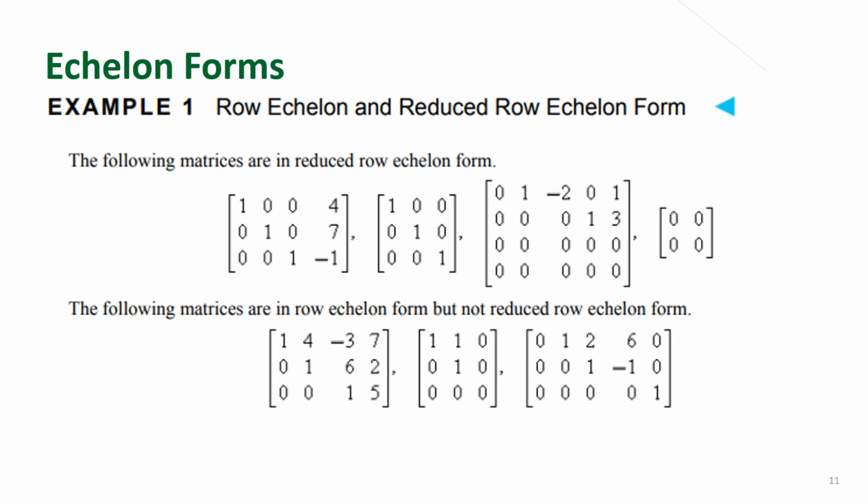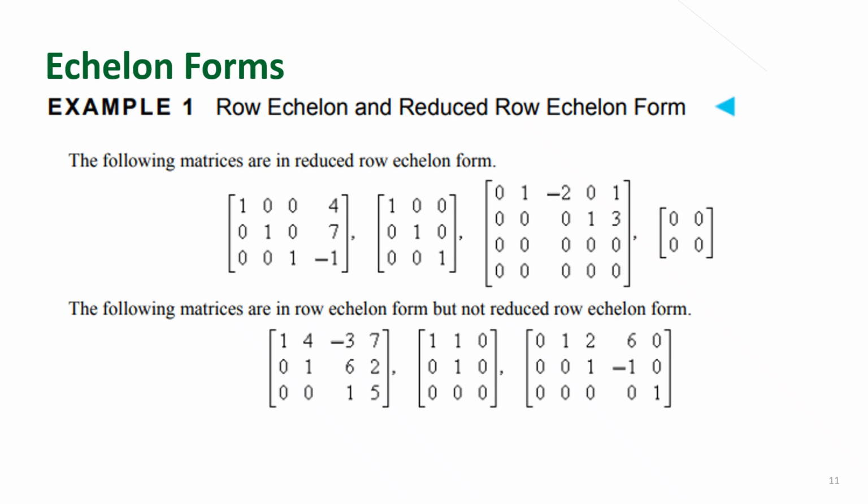So after you do several EROs, elementary row operations, you want the augmented matrix to become this form, either a reduced row echelon form or a row echelon form.